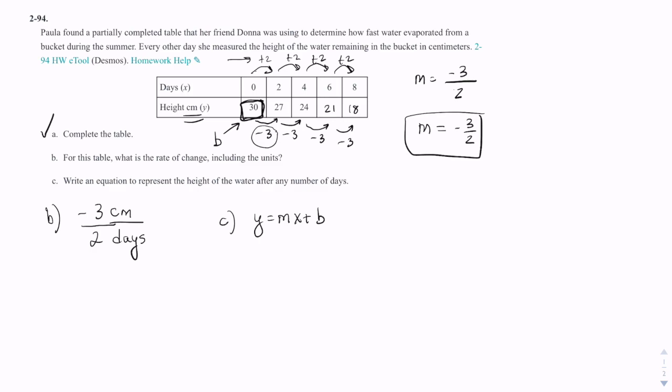So I have b as 30, and I calculated the slope for the second part of the question, so I can just write the equation. Y equals m, which is the slope, -3/2 x plus b, which is 30. And there is my equation based on the table.